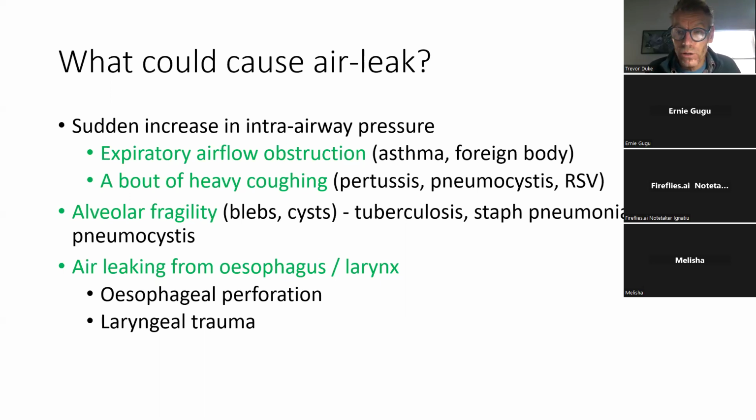Or if they Valsalva or anything increases their intrathoracic pressure. Or if you've got air leaking from the esophagus or from the larynx, from laryngeal trauma or esophageal perforation, that can cause pneumomediastinum. So if you see this clinical problem, think to yourself, where's the air coming from and what's the underlying cause of it?